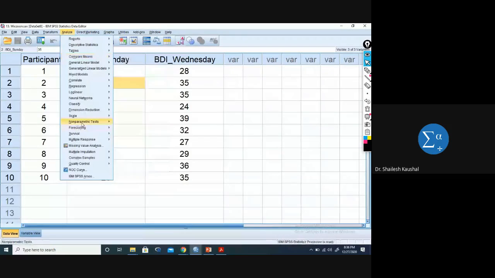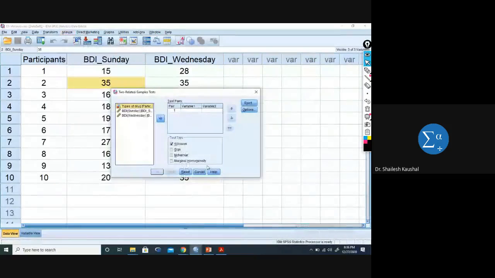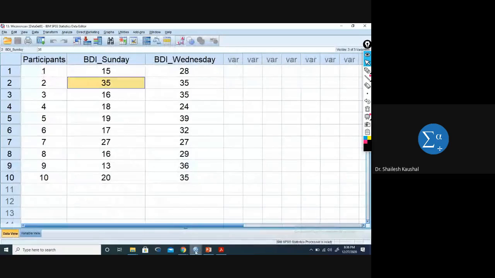Analyze, non-parametric test, legacy dialogues, two related samples. Okay, two related samples. So two related samples, and then I am transferring both the variables, and by default you can see Wilcoxon, and then okay, and after okay, so you can see the result.